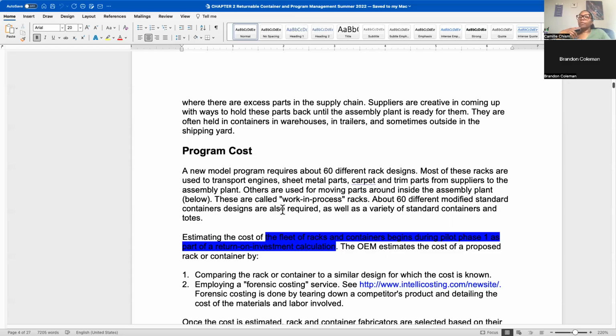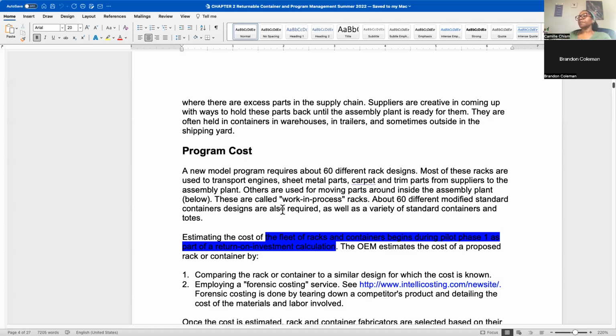So remember, we talked about the fact that when you look on the line, you're going to see mostly things like totes and bins, and that's what you see mostly. So the number of bins and totes that you see online will be higher if you count them. So you might count 100 totes, but you may only count 10 racks. But the racks take up a lot more space than totes or bins would.